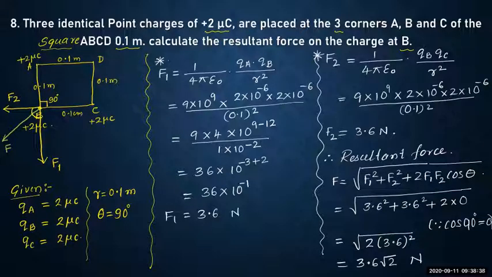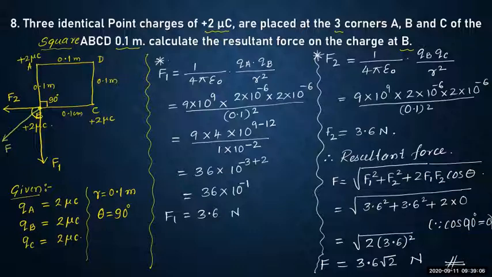So this is the resultant force that we get: 3.6 root 2 Newton. Any problem? Any doubt? Sometimes you have to learn some tricks. Just like here with 3.6 plus 3.6, don't go for finding the squares and adding them. Use some mathematical tricks.